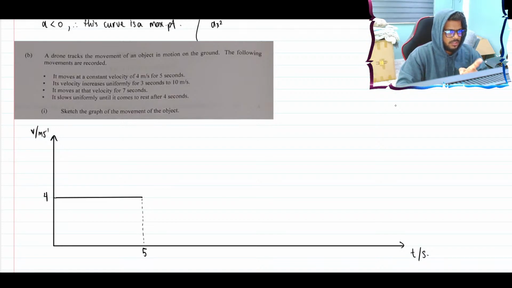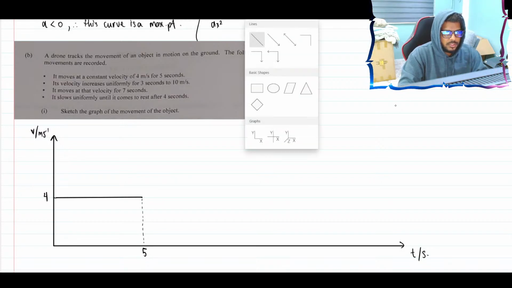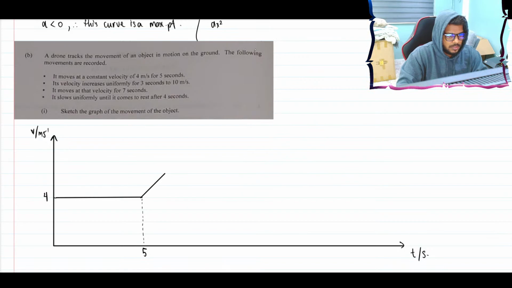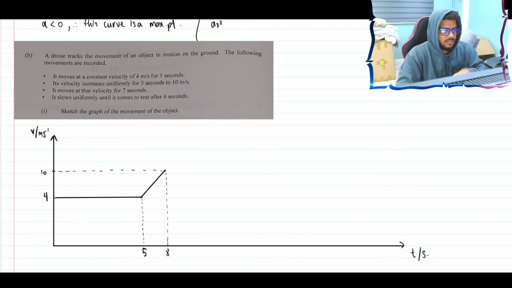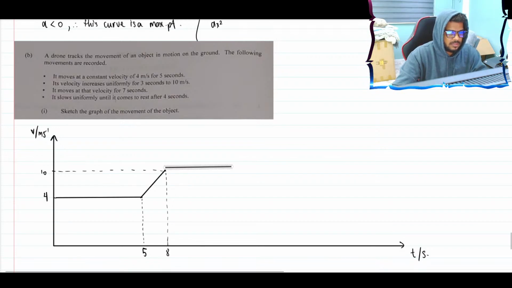Its velocity increased uniformly for 3 seconds, so with velocity going up for 3 seconds, 3 seconds later that will be 8 seconds, and the velocity was recorded to be 10 meters per second. It moves at that velocity for 7 seconds.